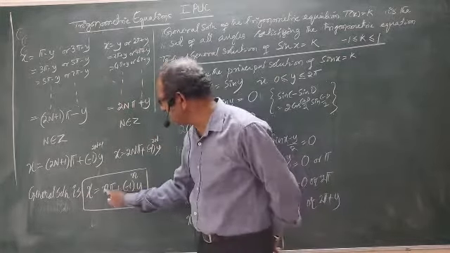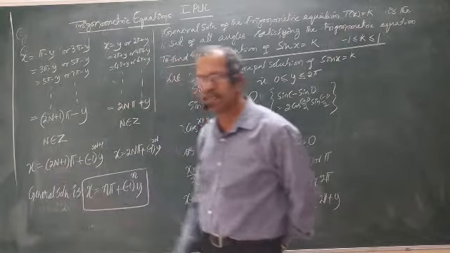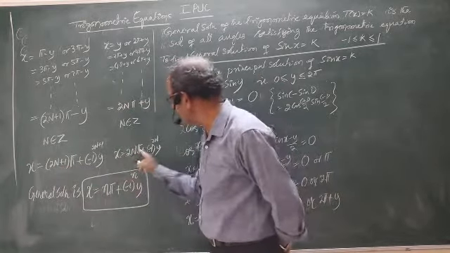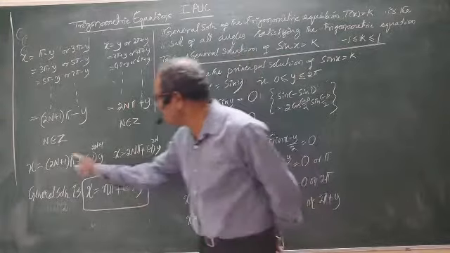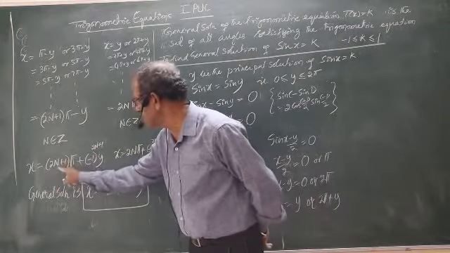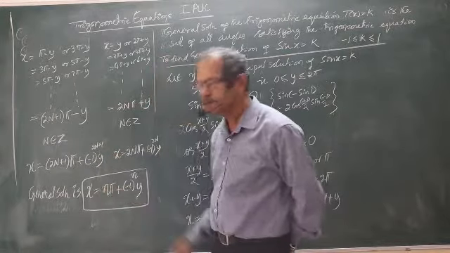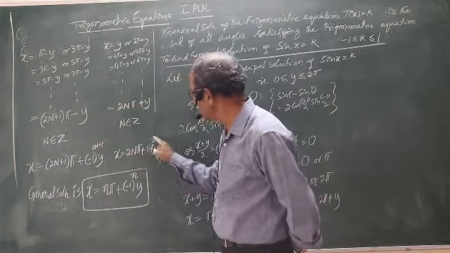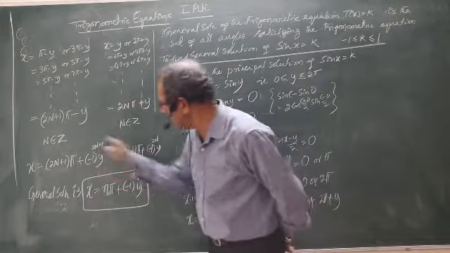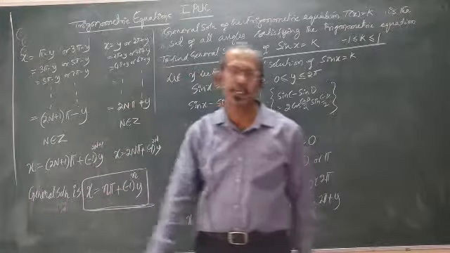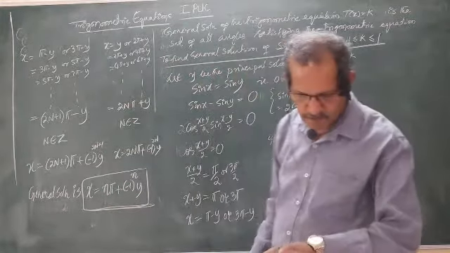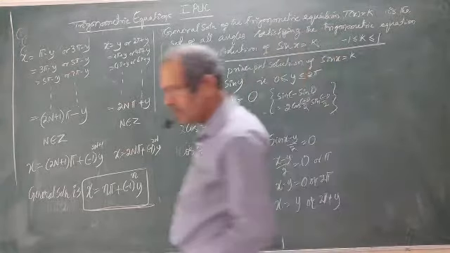If this n is 2n plus 1, you are getting this answer. If it is n here, you are getting that answer. Whatever number here, same power, that also comes. Combining both the results, you can write, this is the general solution.